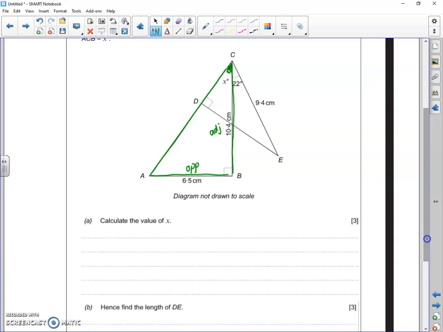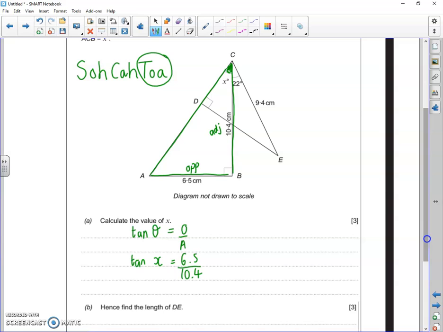If we've got the opposite and the adjacent, SOHCAHTOA tells us that this is a tan question, opposite and adjacent. So tan theta, or tan x if you like, is O over A. So tan x equals 6.5 over 10.4.